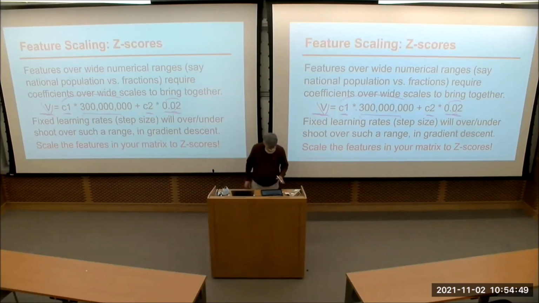It turns out that for certain algorithms that people use to solve linear regression, that we'll talk about next class, it's bad if the variable ranges of different features are wildly different.